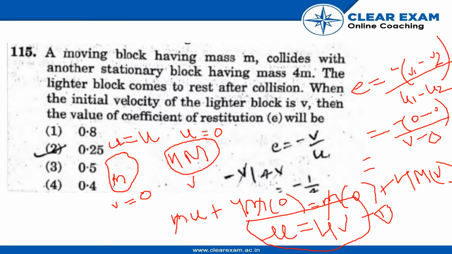So what we will get from here is minus, and then in the bracket minus v, so it will become plus v upon u.